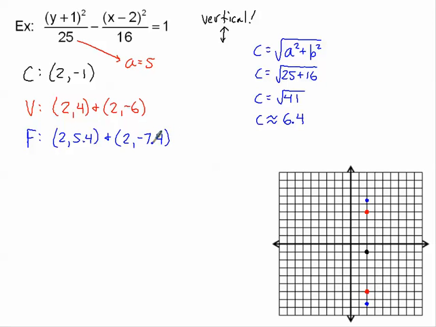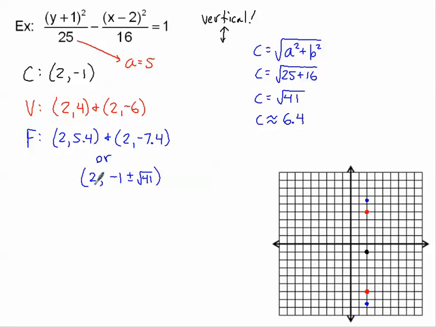I know some people had some questions in our last practice with the ellipses. Do you want us to use the actual radical or do you want us to use an approximation? I'm fine with either. If you want to answer your 2 focal points saying that it's 2, of course, and then the center, which is negative 1, plus or minus the square root of 41, if you really want to do it like that, that's absolutely fine.